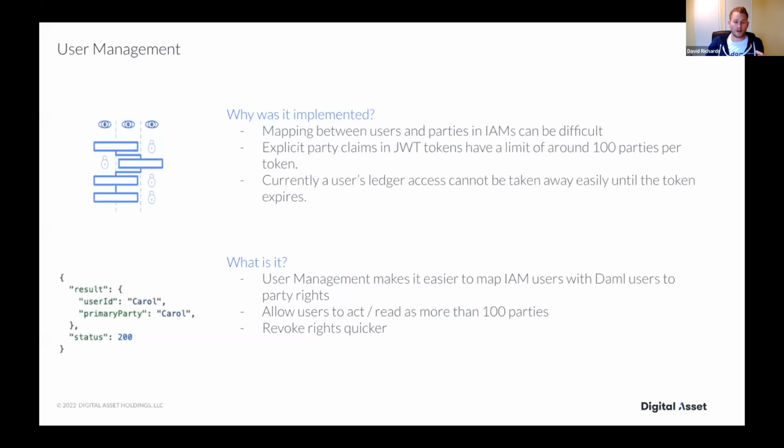You can also revoke and add rights much quicker from the console, rather than having to wait for a token to expire, for example. User management adheres to the standard JWT, and users are registered claims defined in the JWT standard to maximize IAM compatibility, and it doesn't use custom claims like the previous JWT tokens. Older JWT tokens are still supported, so participant operators controlling the IAM can still issue tokens in the old format, and they can continue to work with Daml as they did previously.